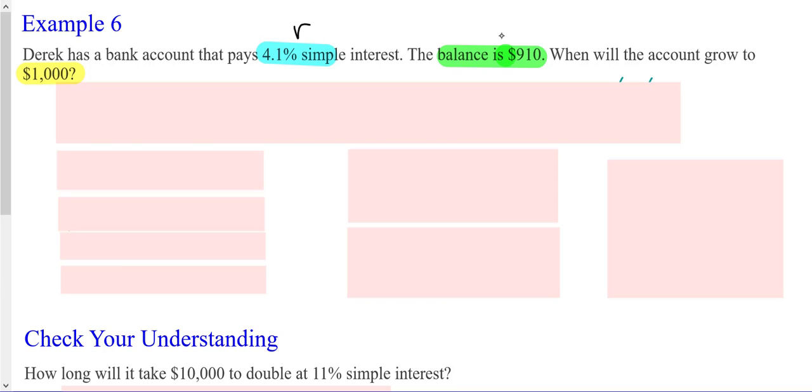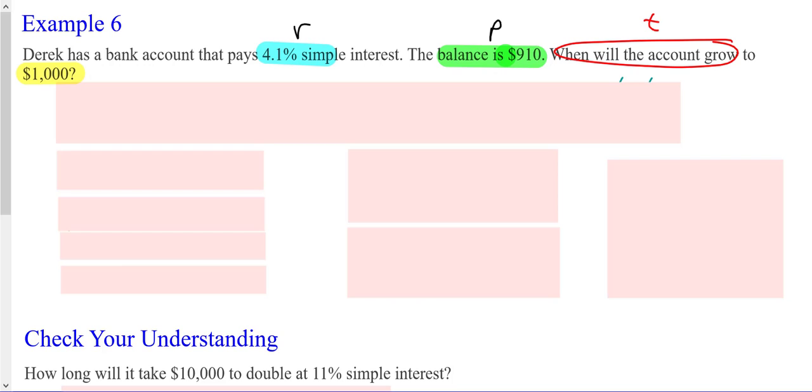The balance is our principal amount, so that is what we start with. And we want to know when it will grow to $1,000. So we don't have a time and we don't have interest. Well, the question, when will the account grow, because we're talking about a time frame, alludes to the fact that we're looking for time.